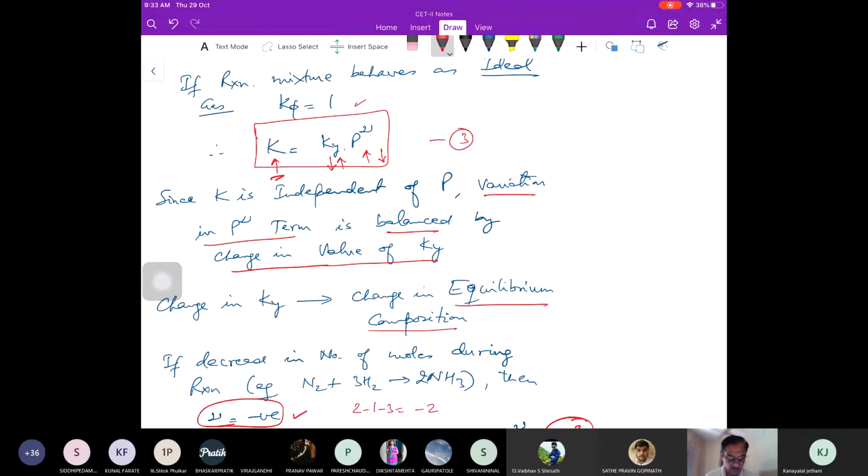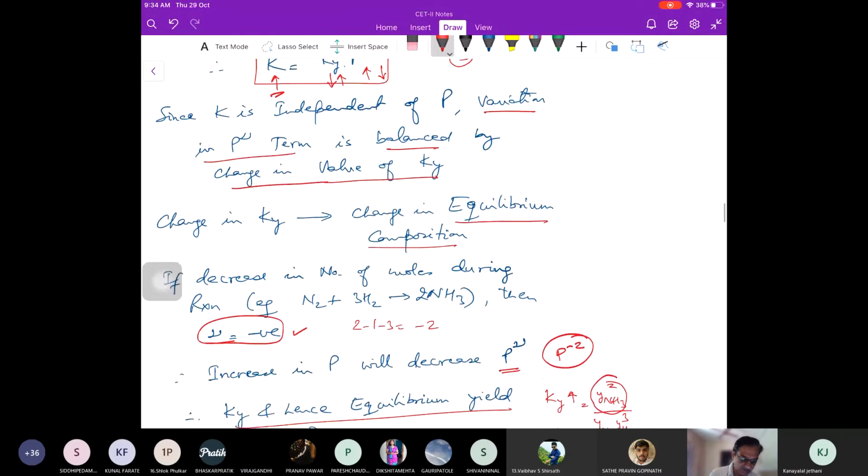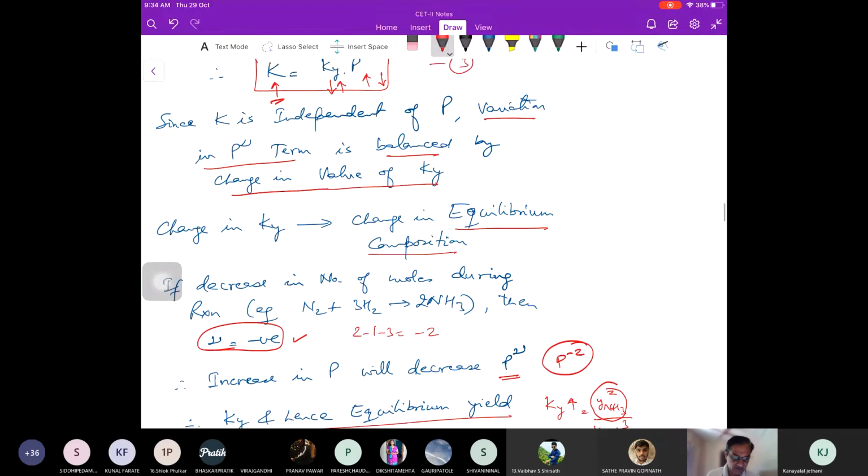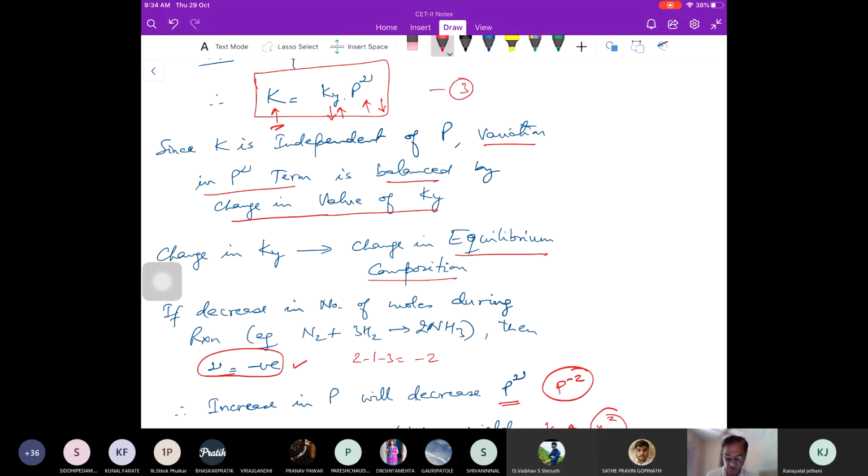So change in Ky essentially leads to change in equilibrium composition. Ky increase हुआ तो P raised to the power of nu decrease होगा. P raised to the power of nu decrease हुआ तो Ky increase होगा. Okay. If the number of moles decreases during reaction, for example ammonia production, which is 4 moles giving 2 moles, then nu is negative, right? The power of total pressure is minus हो जाएगा.